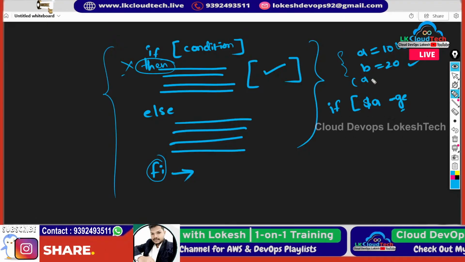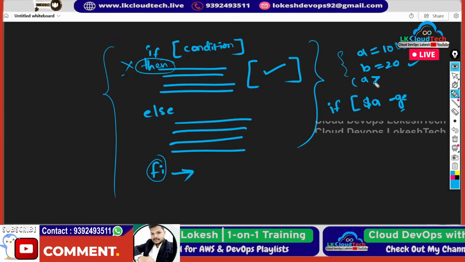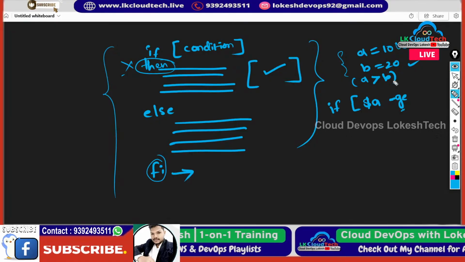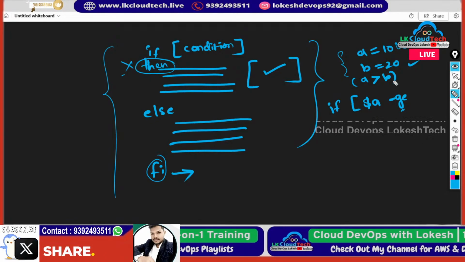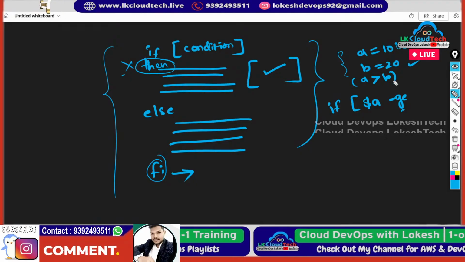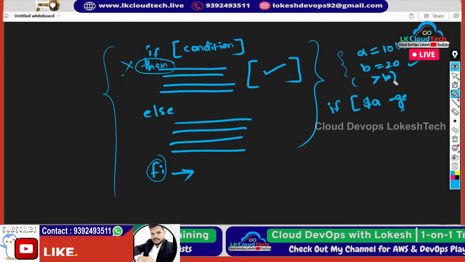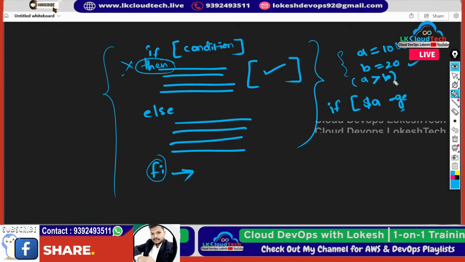A greater than B, generally we write it like this in mathematical expressions. In shell scripting we have to write it differently: A greater than or equal to B.